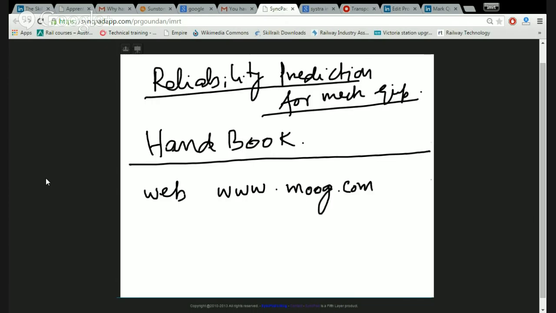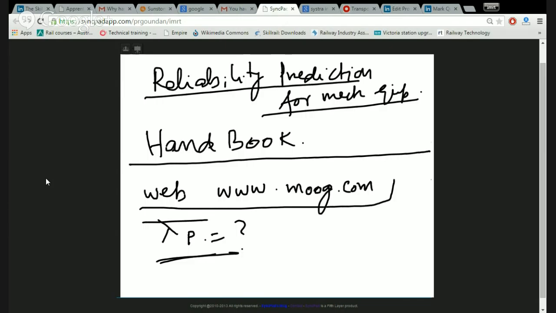It's about 2 or 3 pages, some few pages. So some examples are worked out in this, guiding you how to proceed, how to get the lambda for the product, how to get it. If you go to this website, it's a nice reading, simple layman's reading, you will know the prediction method.